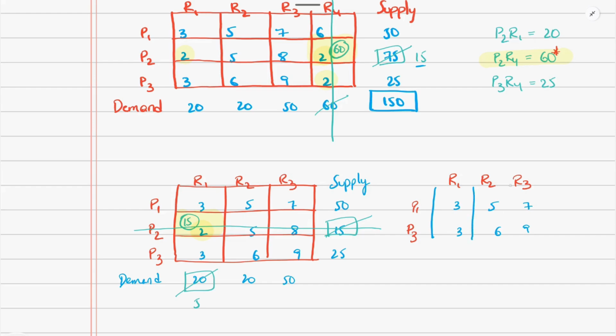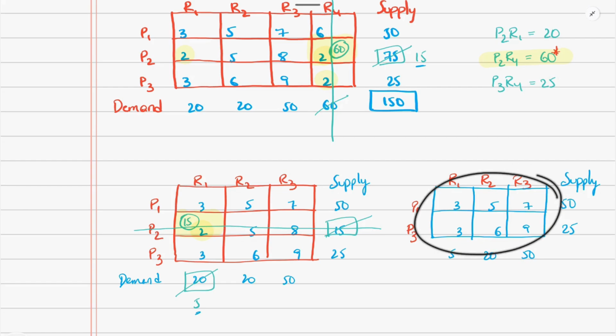Now I'll just draw the box. So what is the corresponding supply and demand? We have 50 from P1, 25 from P3, and next we have the reduced 5 from R1, and next we have 20 and 50. Now the same old story repeats again.